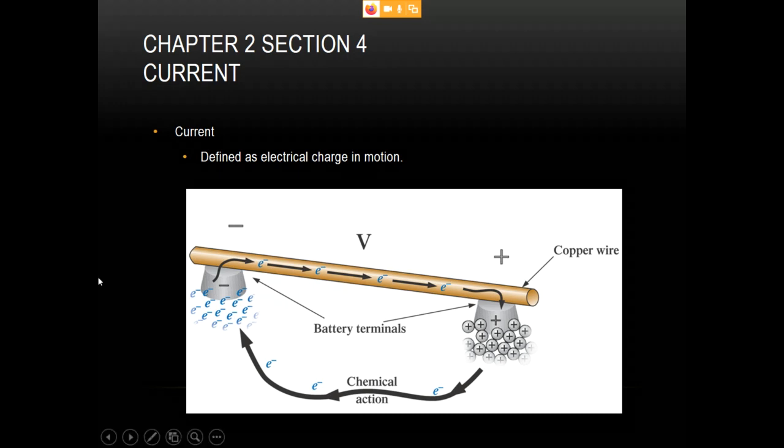Okay. And so what we actually get is the electrons are going to leave the negative terminal of the battery and move through the conductor, and then they're going to meet up with a positive charge at the positive terminal of the battery.